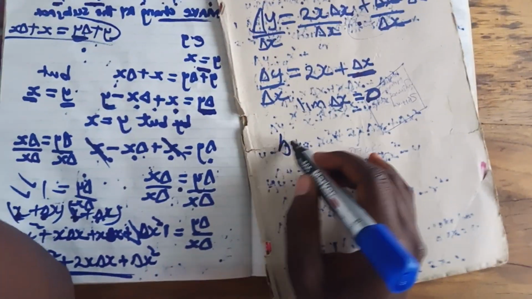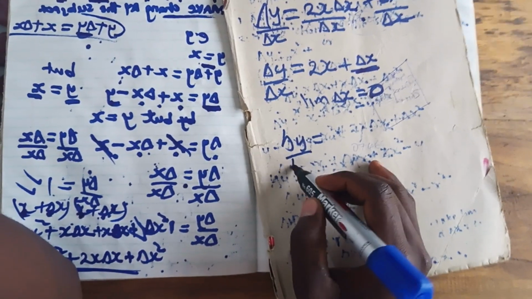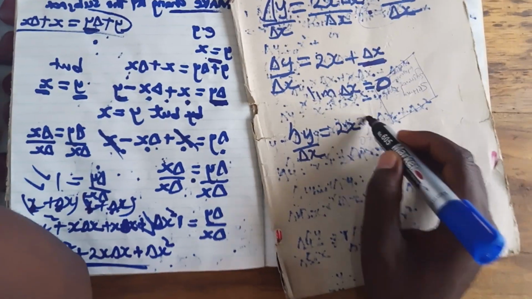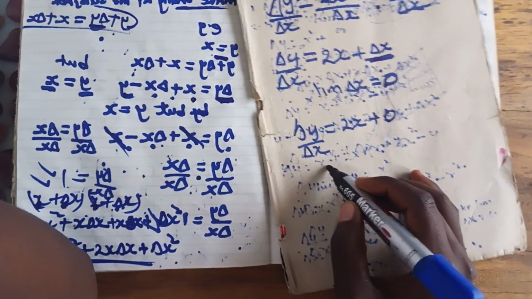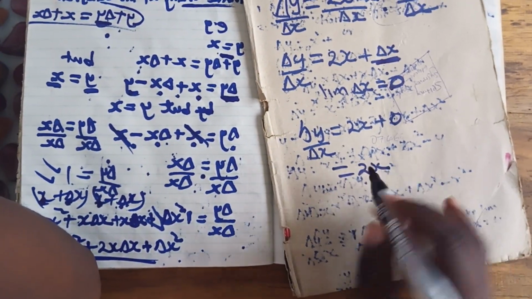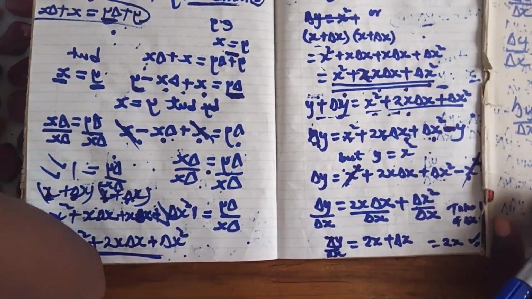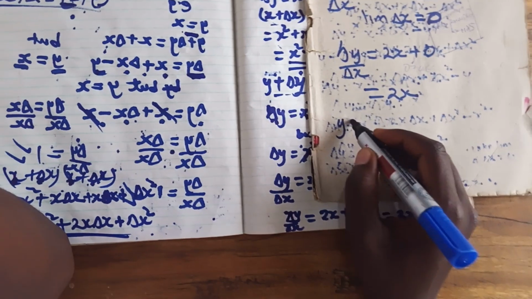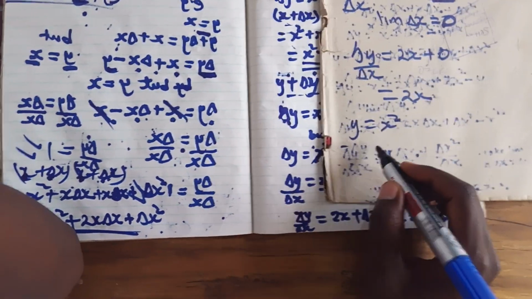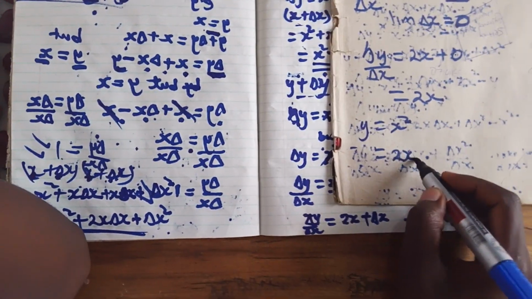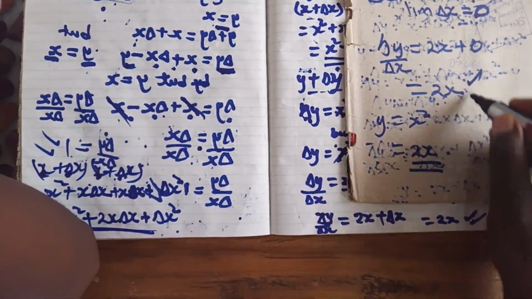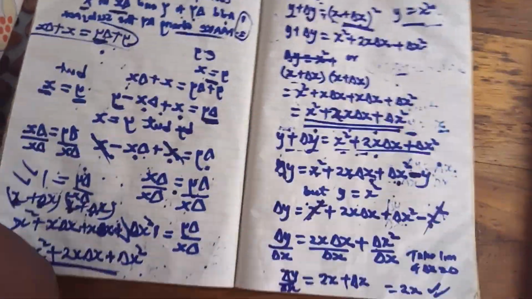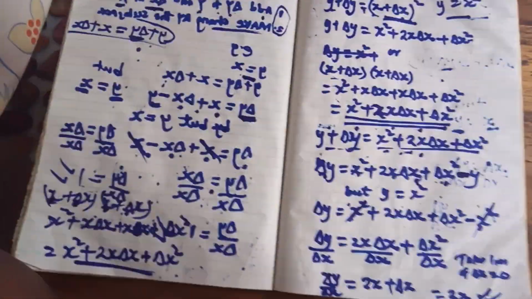So change in y over change in x is equal to 2x plus 0. So our final answer will be 2x. That's why when you use the general method to differentiate the function y is equal to x squared, your answer will be 2x, the same as this one. So basing on different methods of differentiation.